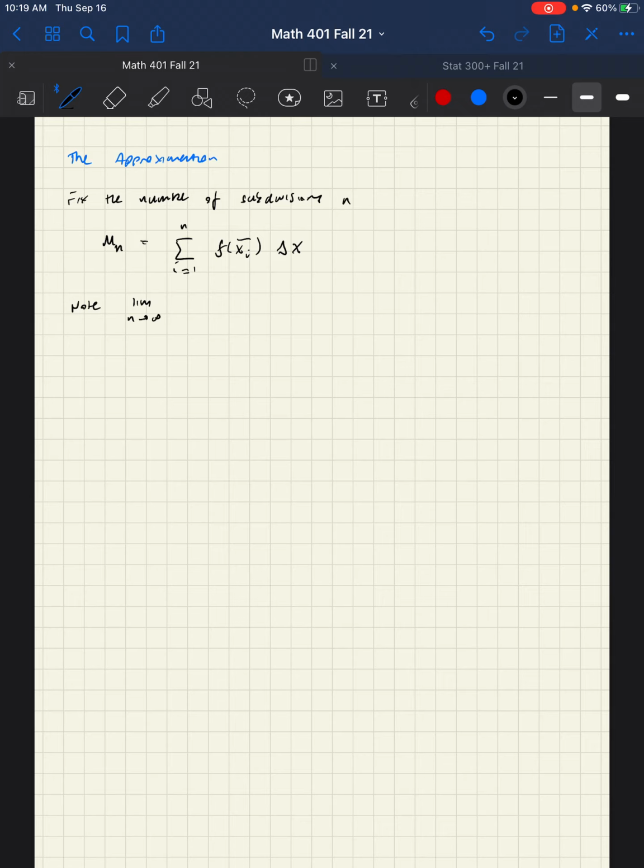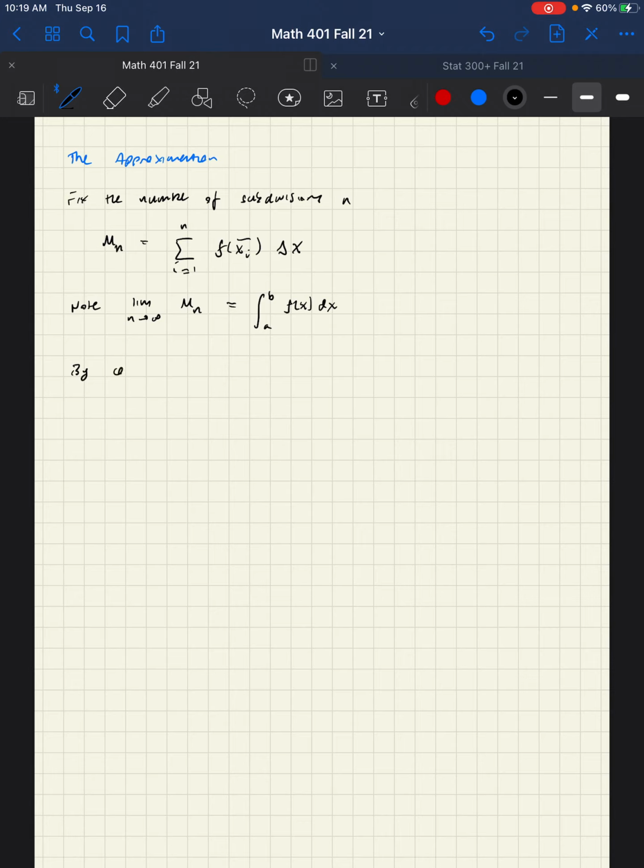And then the limit as n goes to infinity of M sub n, remember, we saw this in chapter 5, should still give us the actual integral that we're seeking. So in the limit, this does converge to the integral, as we saw in chapter 5.